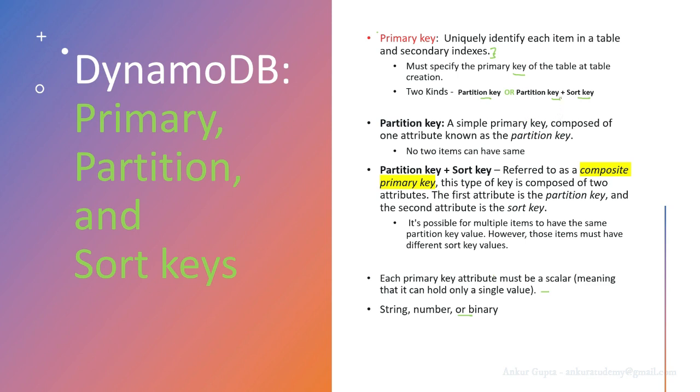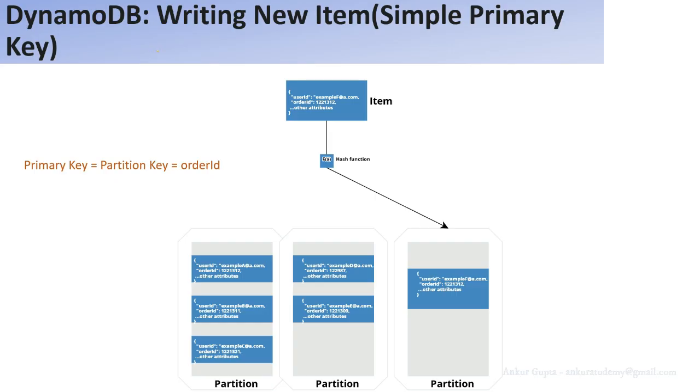Now let's go ahead and see how DynamoDB saves each item in a table using the partition key. Now in the first case, when your table has a simple primary key or just partition key, DynamoDB stores and retrieves each item based on its partition key value. Before writing an item to a table, DynamoDB uses the value of partition key.